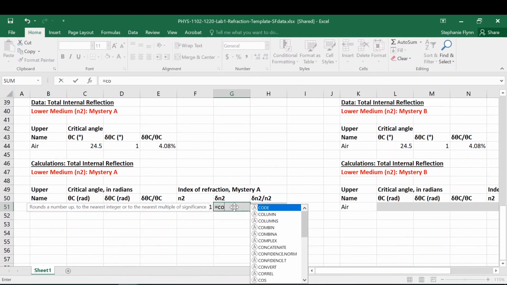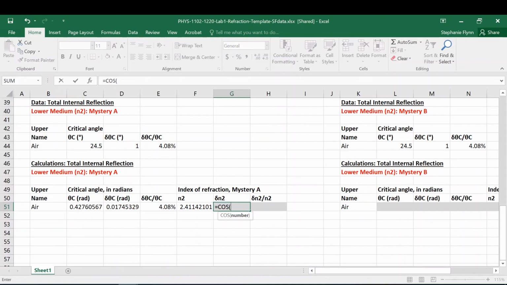So I have cos of theta c, and theta c in radians is over here, times the uncertainty of theta c, which again has to be in radians, and then that is divided by the sine of theta c in radians, and then that sine function is squared. And now I've calculated my uncertainty for N2, where it is mystery A.